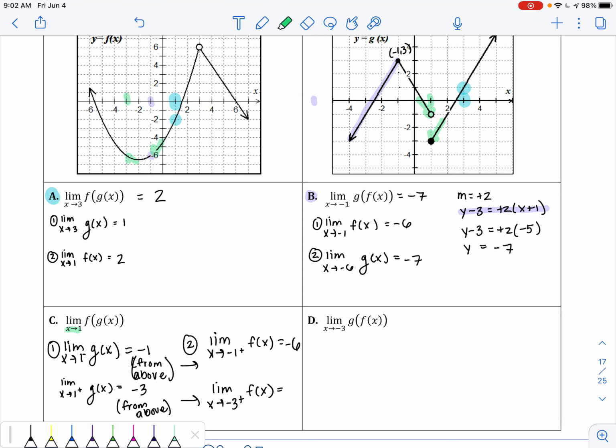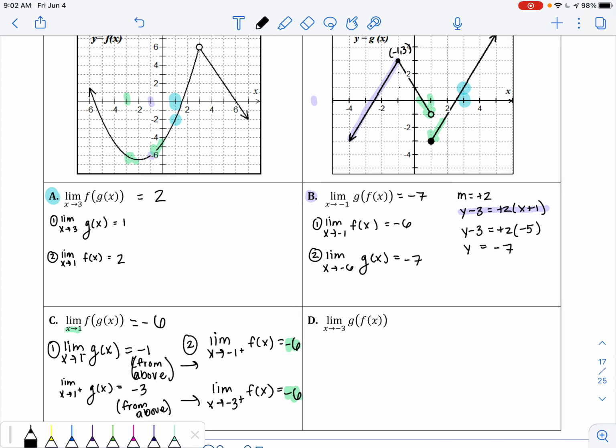So if I go over and take -3 from the right, we're also approaching -6. Because both of these are the same value, our overall answer here is going to be -6.